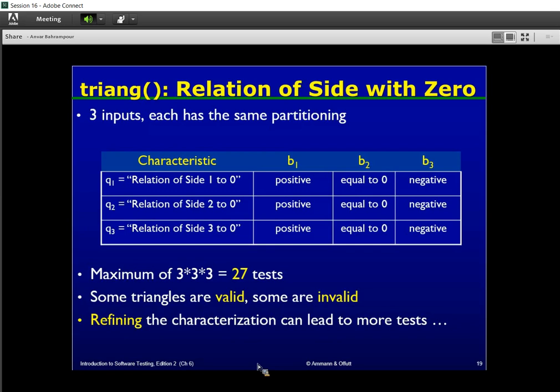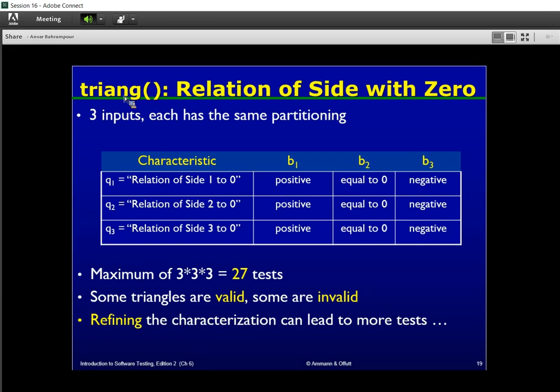Again, suppose the triangle method, and we want to generate test cases in both approaches. We have talked about the interface-based approach and the functionality-based approach.